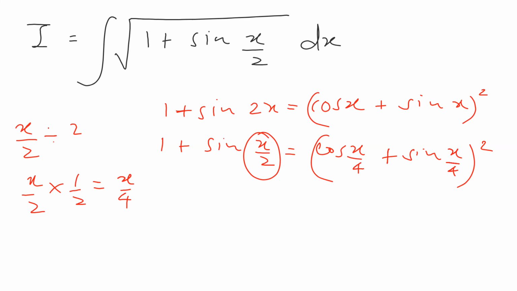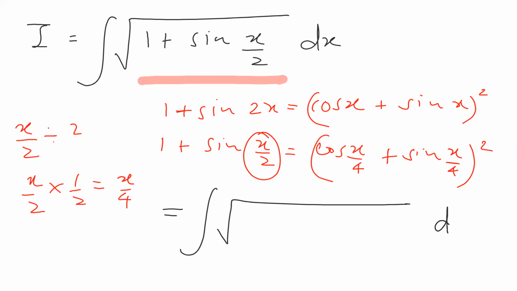As you can see the root over here, we are going to replace 1 plus sine x by 2 with cos x by 4 plus sine x by 4 the whole square. So that is how the half angle formula works. I'll write the next step over here.